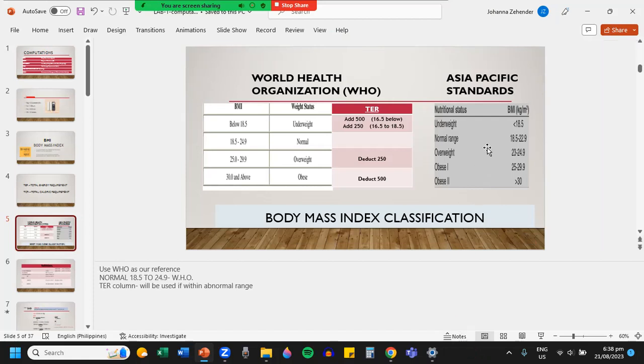So the main difference here in the Asia Pacific standards of BMI is that it has two classifications for obese. Okay, so obese 1 corresponds to a BMI that's between 25 to 29.9, and for obese 2, that's for a BMI of over 30.